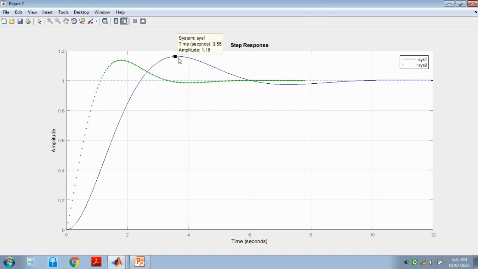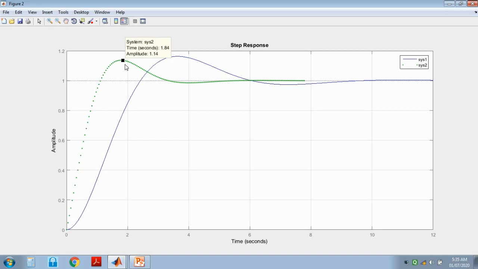Here it is observed that for the original system I am having near about 16% of overshoot, and it will take more than 10 seconds to get settled down. On the other hand, my second system, the system with the green color plot, has less overshoot as compared to the blue color plot.